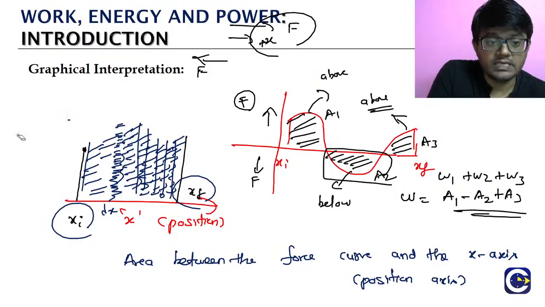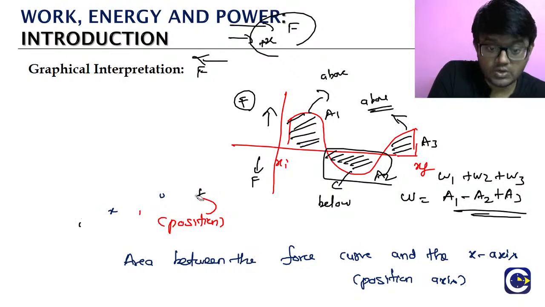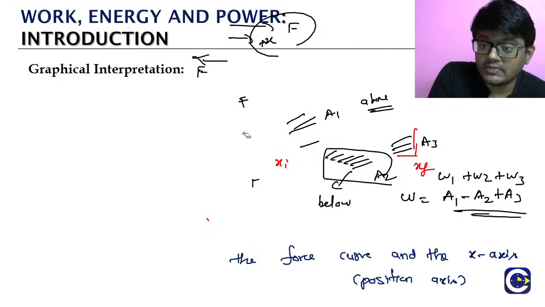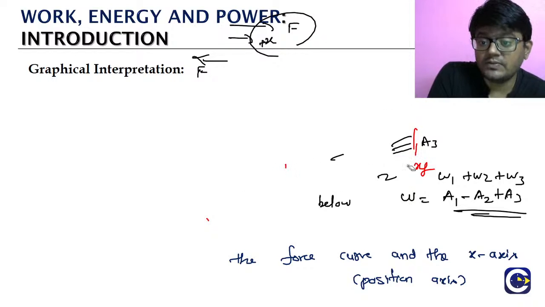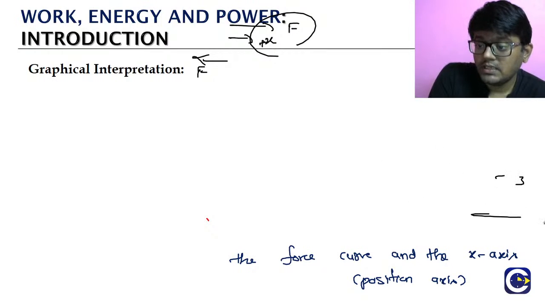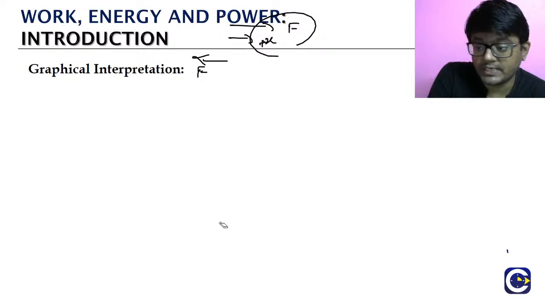What is the general case? The force will have an x component, a y component, and a z component. And the general displacement of the particle can have an x component, a y component, and a z component.